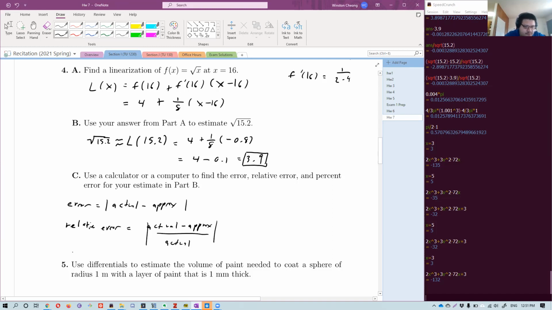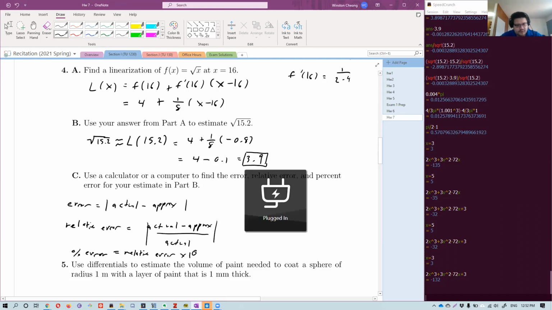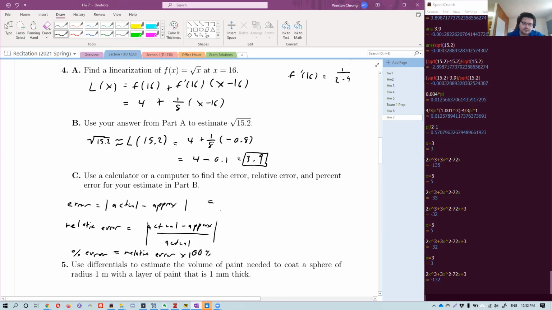And then the percent error is just the relative error, and then you switch it over to involve percents, times 100%. The computer is lagging. Okay, so those are the three formulas.